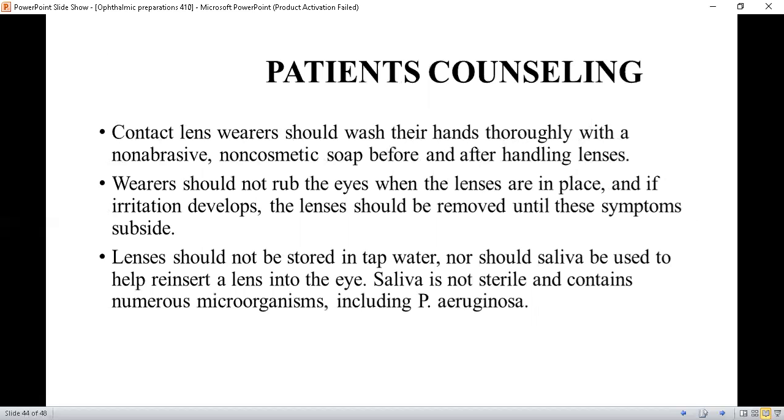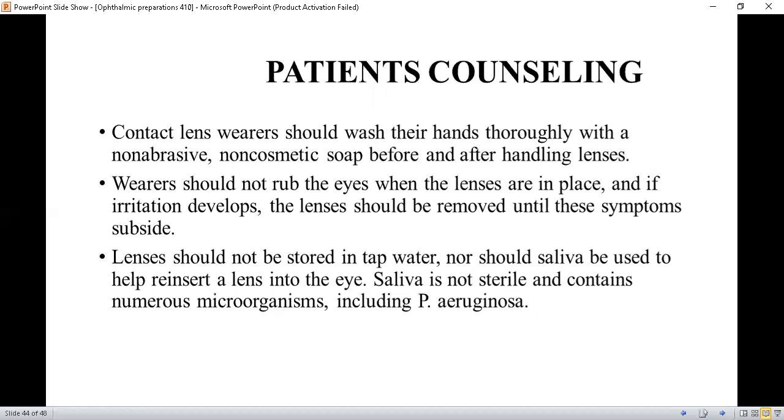Now the last portion of today's lecture, students, is about patient counseling. You will have to give complete counseling to the patients who are using contact lenses. Contact lens wearers should wash their hands thoroughly with a non-abrasive, non-cosmetic soap before and after handling lenses.